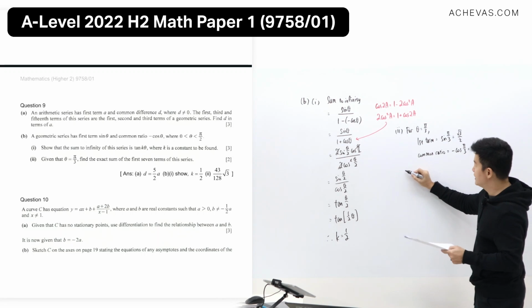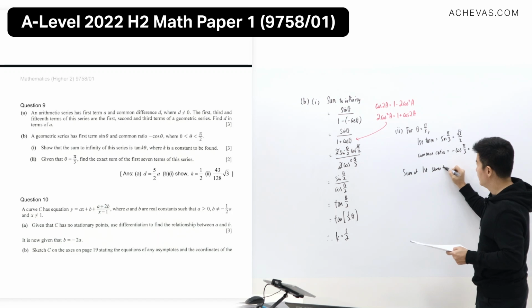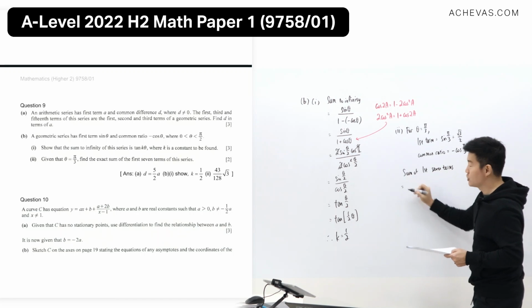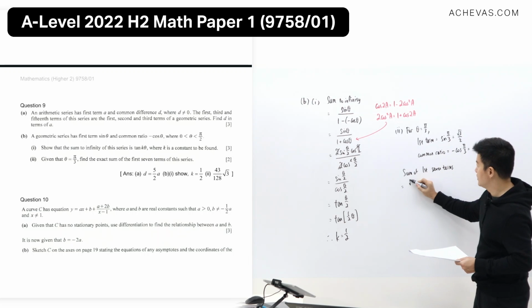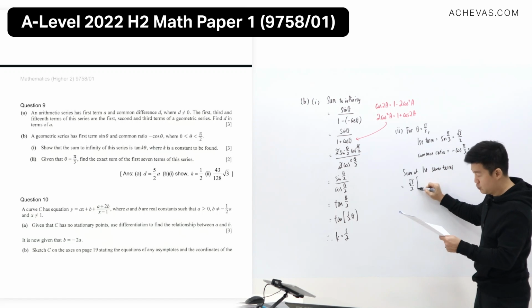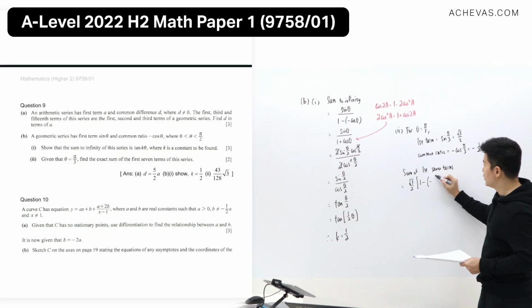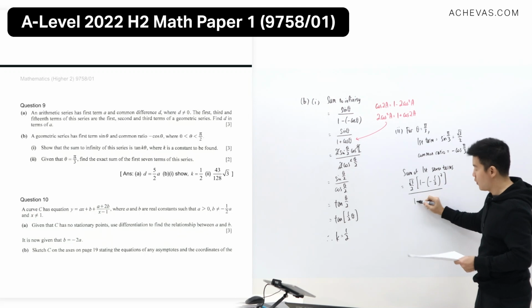So the sum of the first 7 terms, again making use of the sum of GP formula, it is going to be the first term, square root of 3 over 2, times 1 minus the common ratio to the power of the number of terms, which is 7, divided by 1 minus the common ratio.